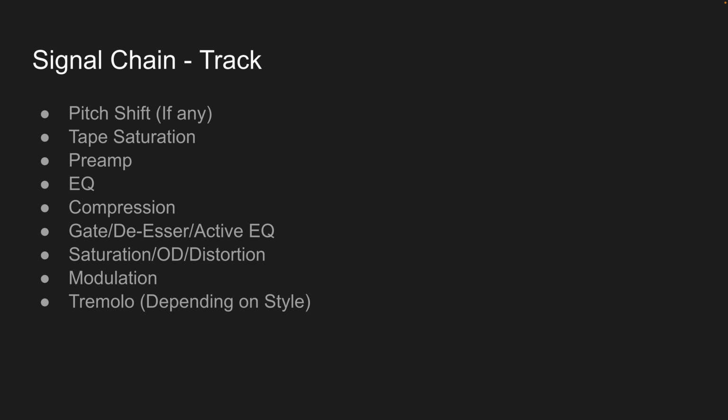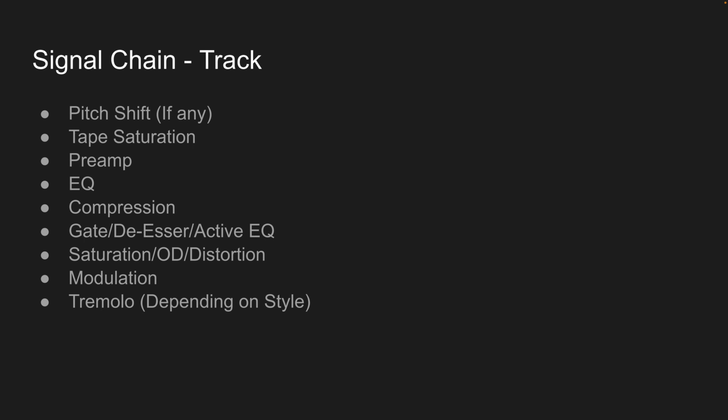Then tremolo comes next, depending on style. I usually put tremolo after modulation, but depending on the style, for instance, if you're in a surf rock band, they always have tremolo last, because in the old Fender amplifiers, the tremolo was always after the reverb, and that was kind of the sound of the old reverb units as well.